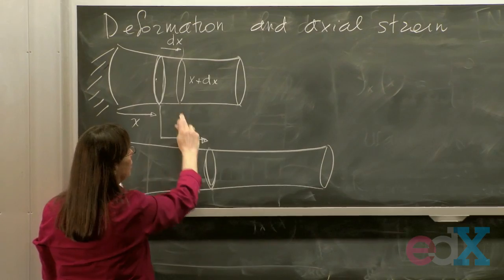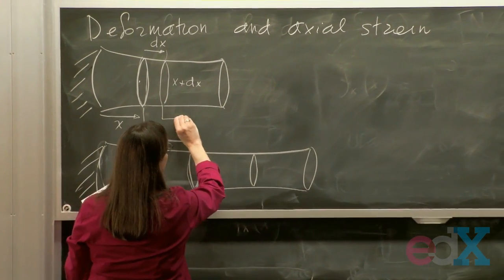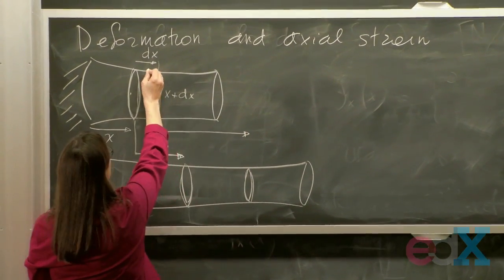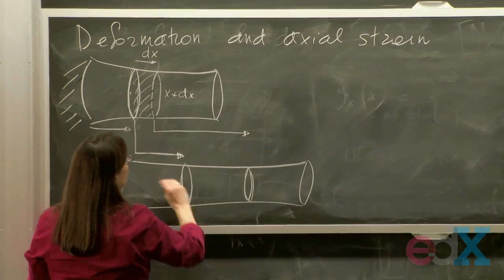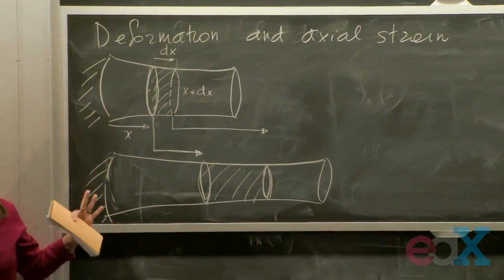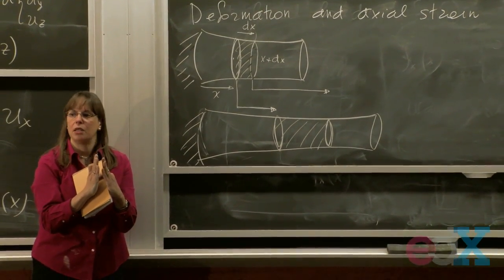This section here now happens to be up here. So this little segment of the bar now looks like that. And I'm making it big, so you have to imagine a tiny slice, but I'm making a big slice so you can see it.